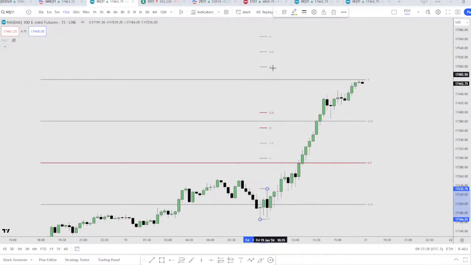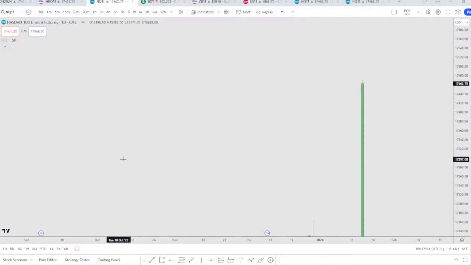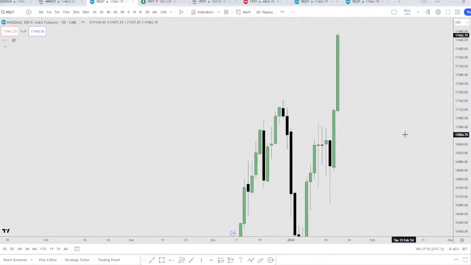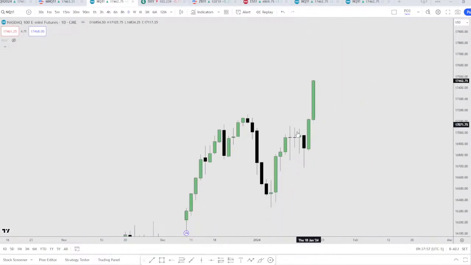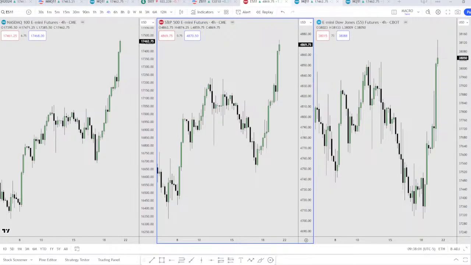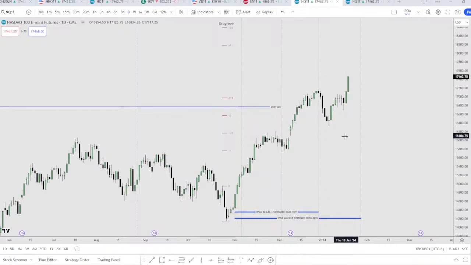Okay, so the nearest targets will be right here above Friday's high, and then we will probably see some form of retracements. Okay, so with all this out of the way, because we are trading above all-time highs, we have to use time.